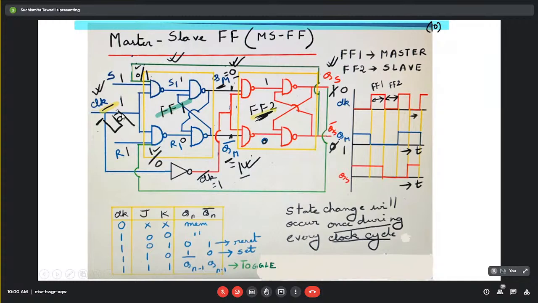Because when it is 1 over here, it is 0 over here, so it is disabling this entire thing. And when this becomes disabled, this becomes 0, this becomes 1. So on the next half, flip-flop 2 is enabled while flip-flop 1 is disabled. So throughout one single clock period, for one half flip-flop 1 is enabled, and for the other half flip-flop 2 is enabled.